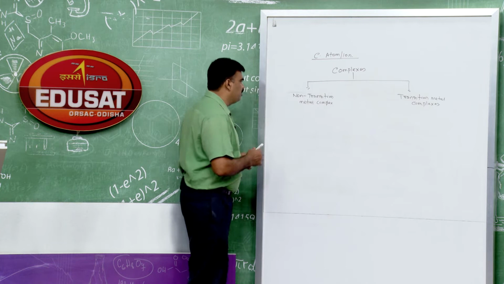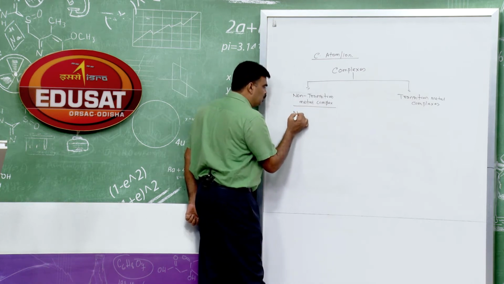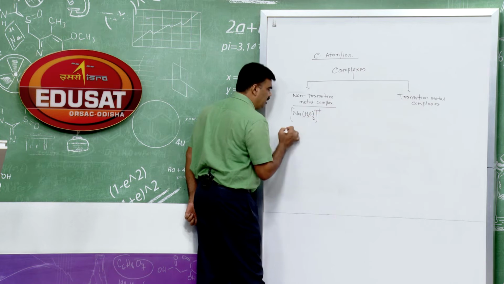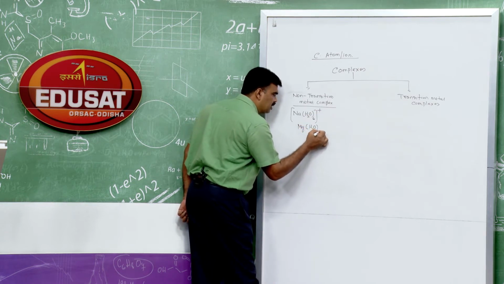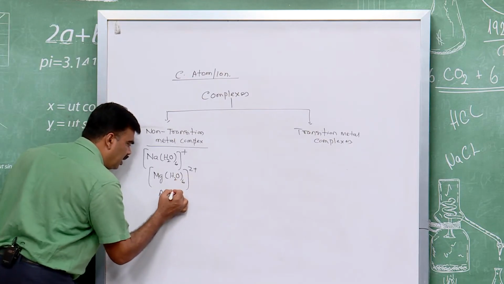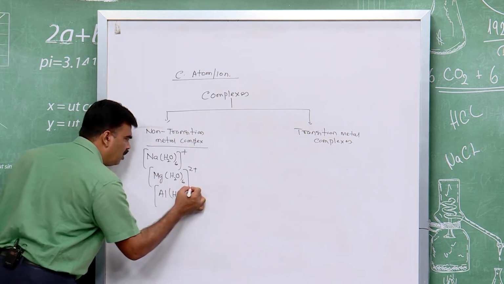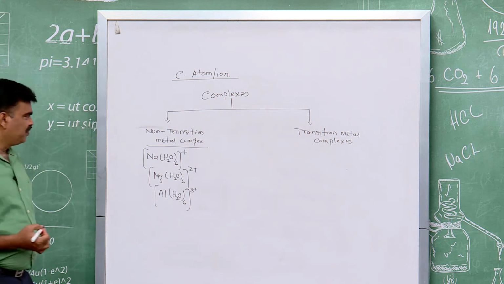I am giving some examples. Here you see you have [Na(H2O)6]+, soda water, mango water, we can also call it mango water, and potato water, this is also a complex. So these are all complexes of non-transition metals.